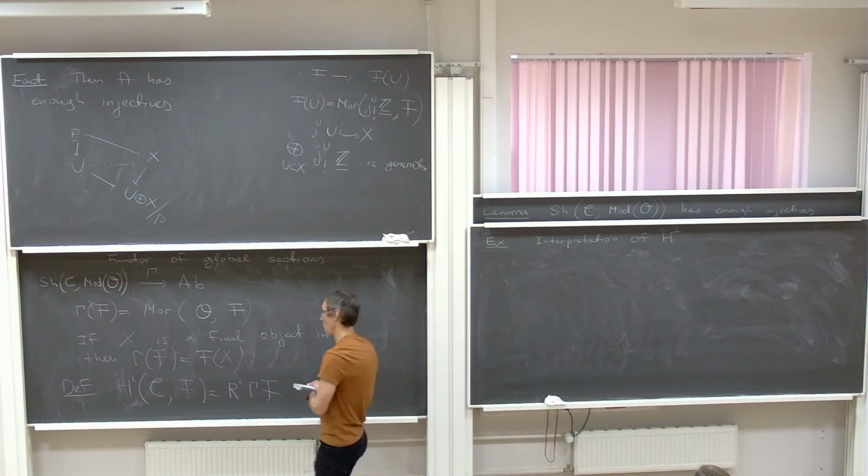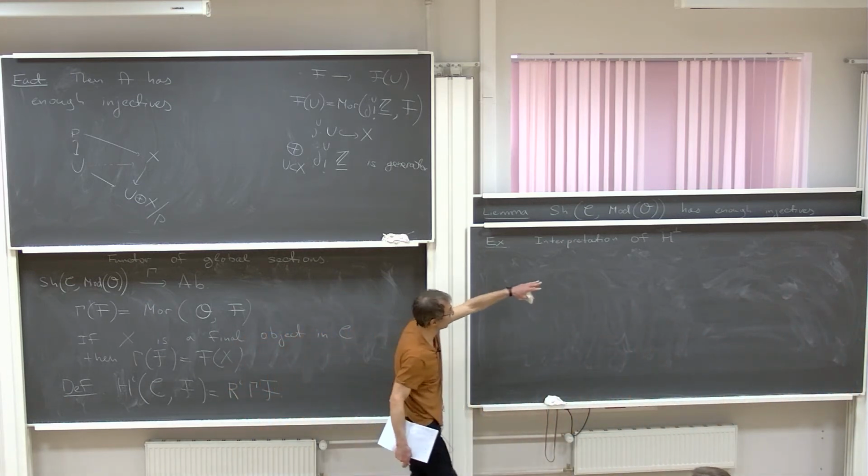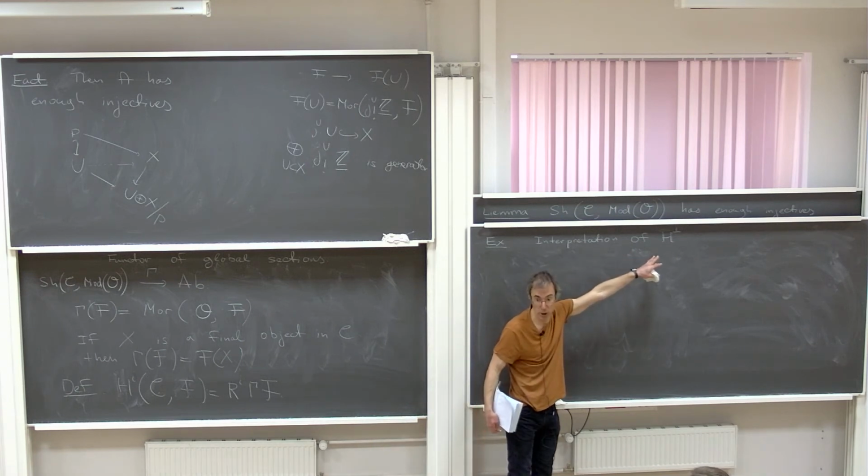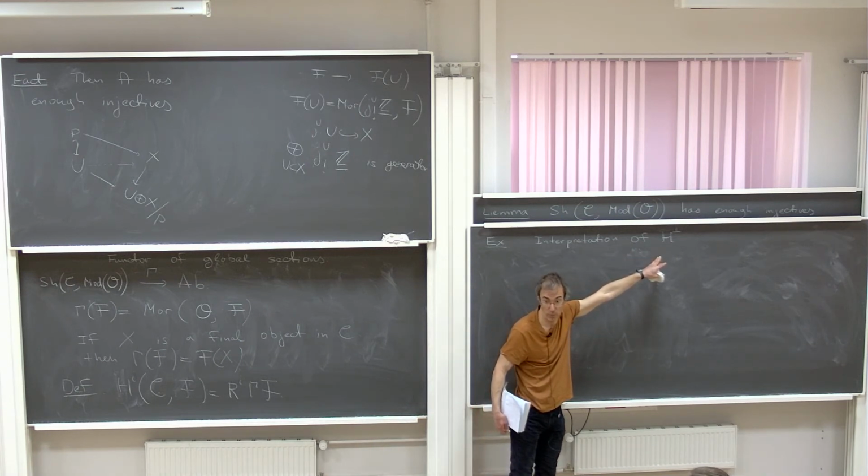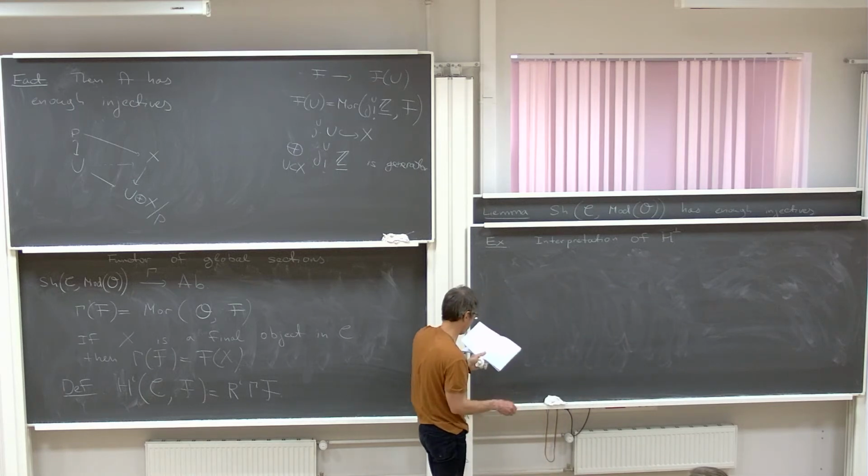We will interpret elements here as isomorphism classes of certain objects in a certain category, namely the category of torsors.